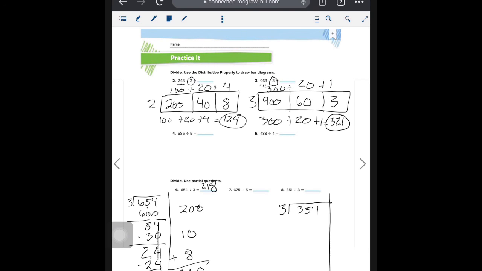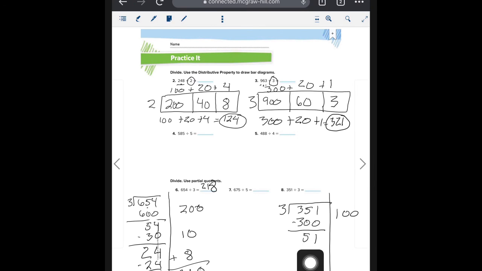Okay, and then we have to draw a line coming down so we can put our partial quotients to the side. All right, 3 will go into 300. 3 will go into 300 pretty good, so let's do that. 3 will go into 3 once, and then bring the zeros over, right? So that after I take 300 from 351, I'm going to have 51 left.